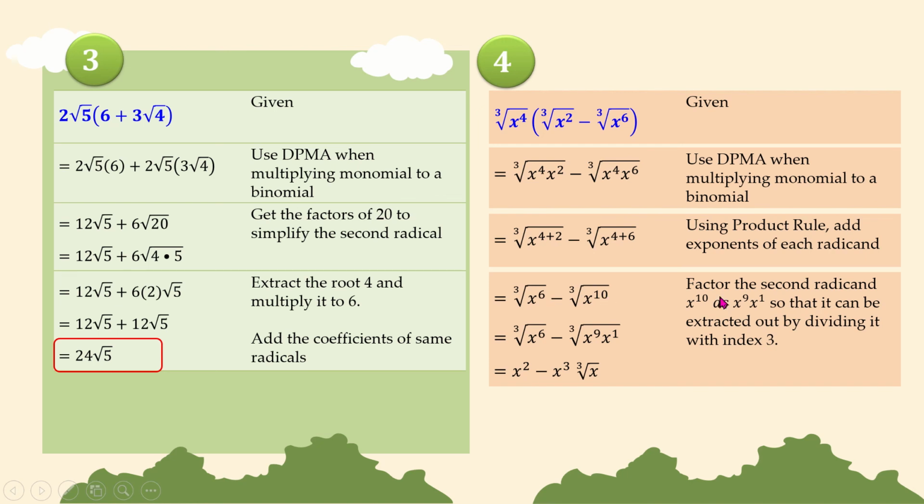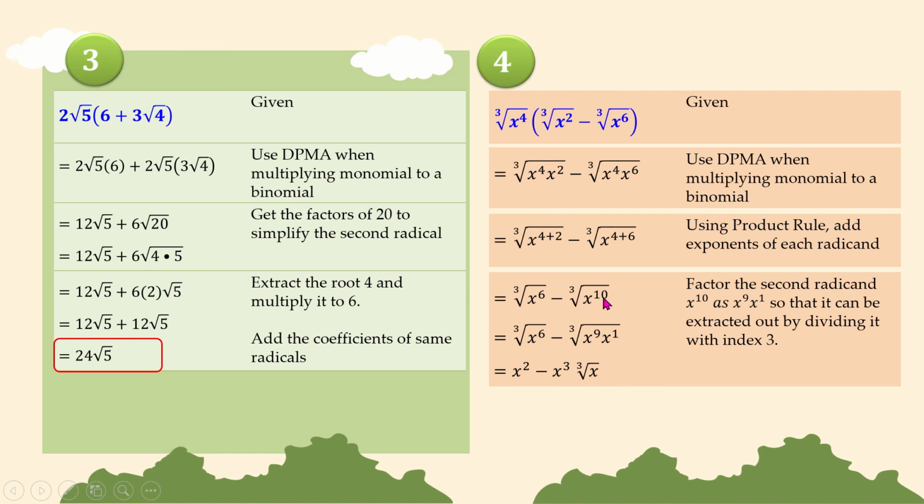Then sunod, factor the second radicand x10 as x9 times x1 so that it can be extracted out by dividing with the index 3. Ang first radical dili na usbon because the exponent 6 of base x is divisible with 3. Gikopya lang siya, dili nato gisimplify.